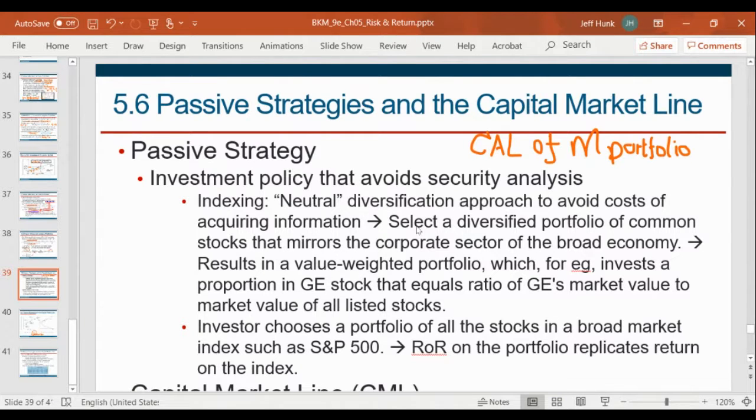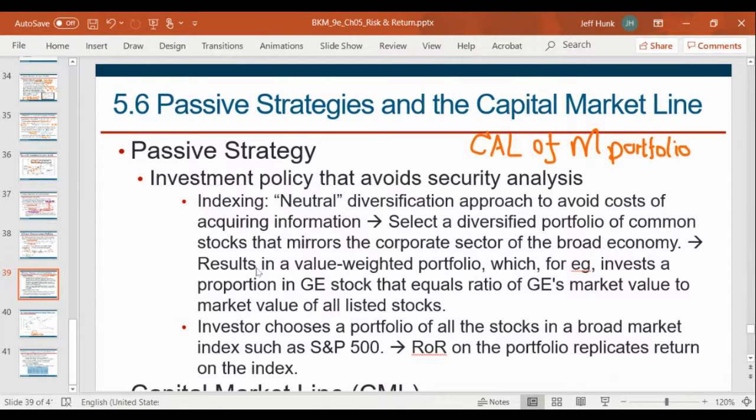Now, in stocks, or not just stocks, the passive strategy is basically an investment policy that avoids security analysis, but just allocates the funds according to the capital market line.